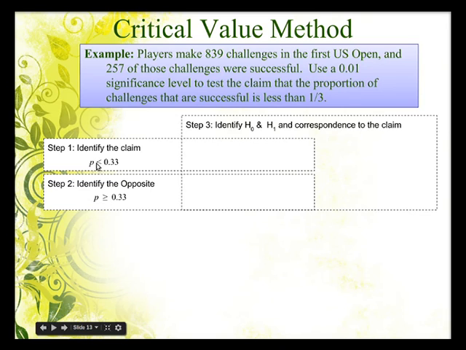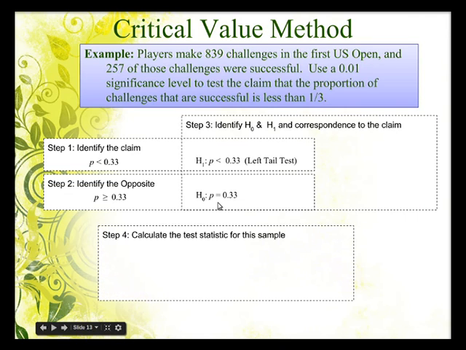And since the claim has less than and no equal sign, then that'll correspond to our alternative hypothesis. So our alternative hypothesis is P is less than 0.33, which tells me it's a left tail test because of the less than. And my null hypothesis is P equals 0.33.